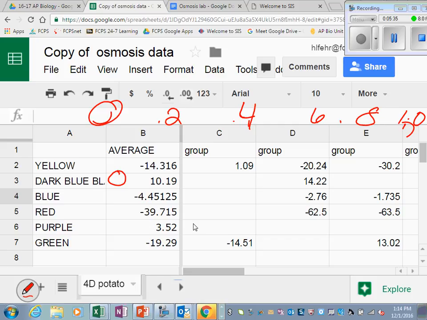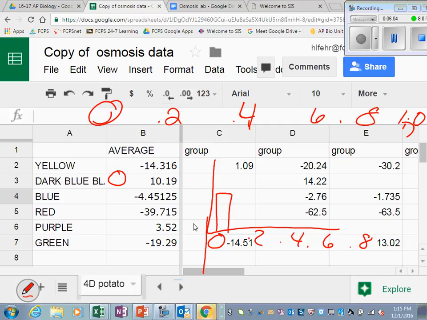So what I would do is graph these out. I'd first of all keep the same order as before: 0, 0.2, 0.4, 0.6, 0.8. But I'm going to add an extension line down on my graph. Why am I adding a down line? Because there's negative. So at 0, it gained.